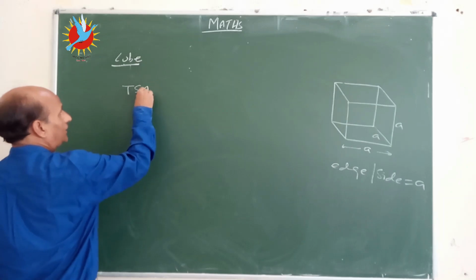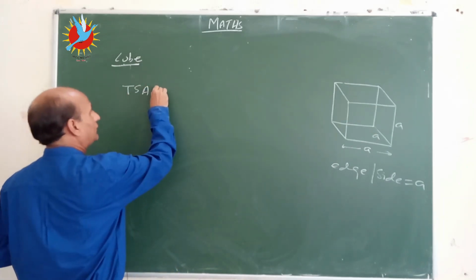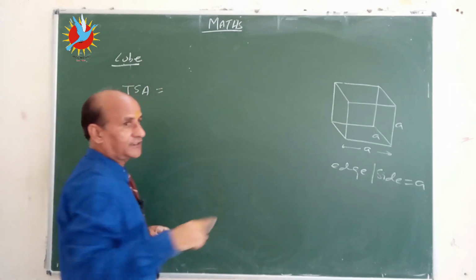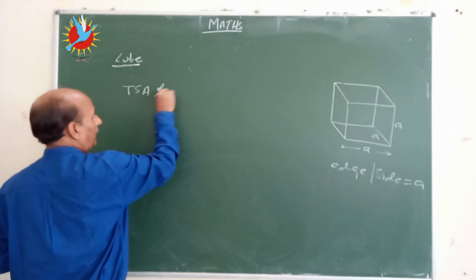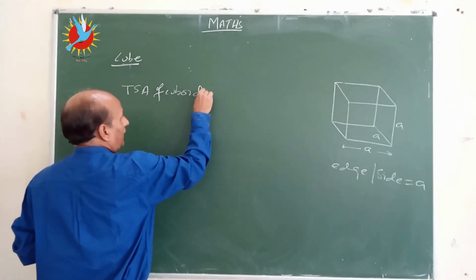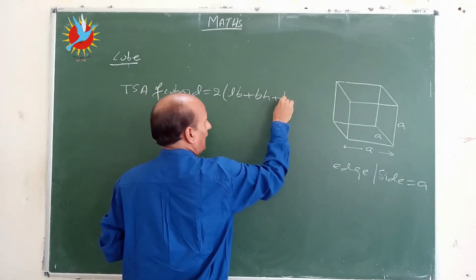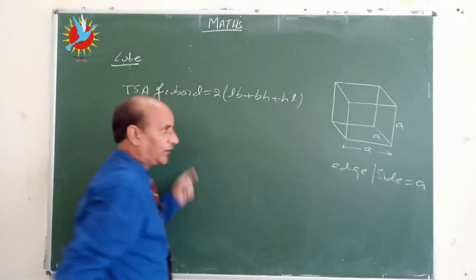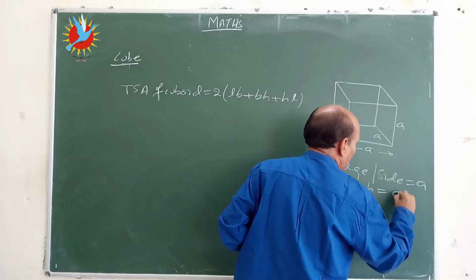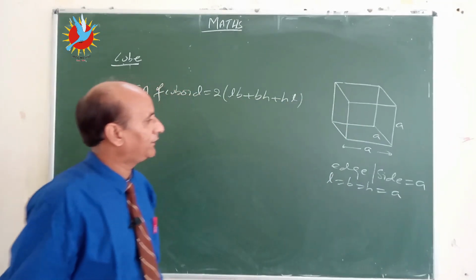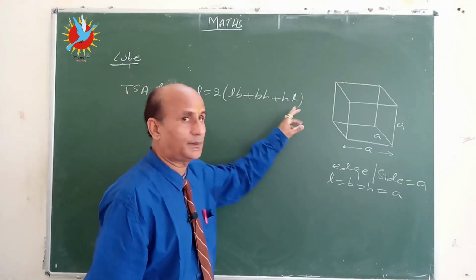If we want to find the total surface area of a cube, then use that formula. First let us write the total surface area of a cuboid. It is twice (LB plus BH plus HL). Now in this case, length, breadth and height are equal and I have taken it as A. So put A in place of length, breadth and height.